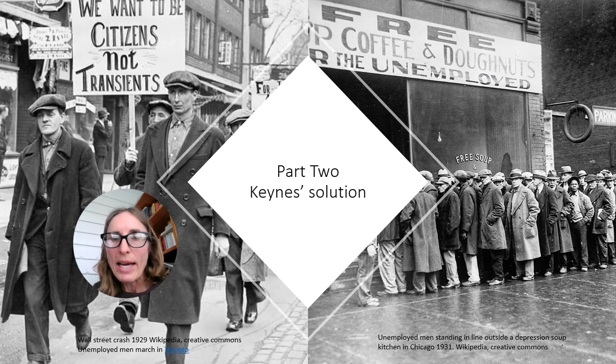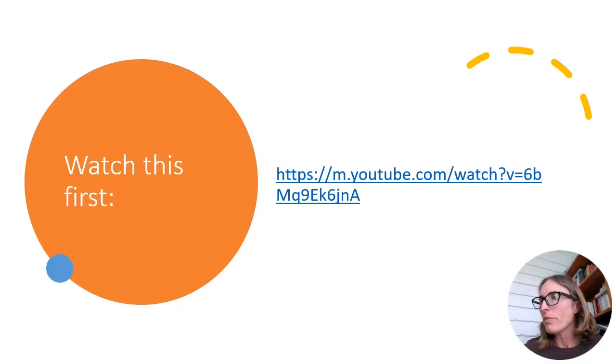Let's turn now to Keynes's solution. This is part 2, the response to the problem. Before we turn to an account of how Keynes's approach to these problems differed from the dominant neoclassical approach of his times, I'd like to ask you to have a look at this YouTube link, which will introduce you to the two very different ways in which two successive governments in the US approached the task of assisting to get over the Great Depression.